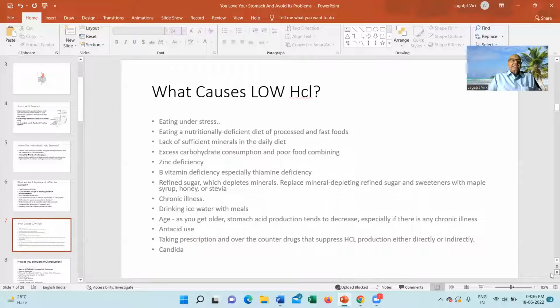Antacid use, taking prescription and over-the-counter drugs that suppress hydrochloric acid production either directly or indirectly, candida infections. All these are the causes of low HCl.